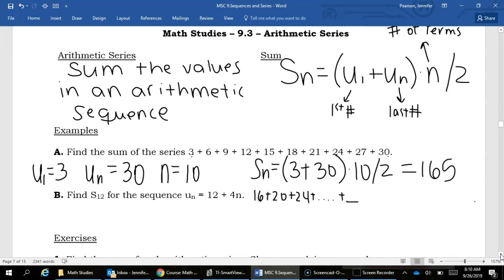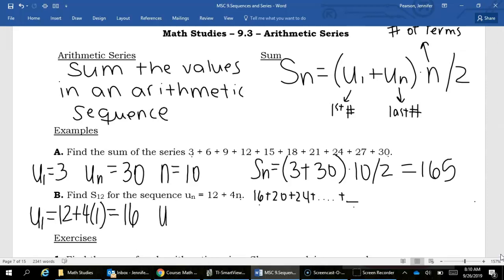But rather than find every single one of those numbers and then adding every one of those numbers, if I can figure out just the last number, I already know the first number, I already know it's 12 numbers, I can go into my formula. So my first answer, I know it's 16, but I could always go into my explicit formula if I didn't know. If I put 1 into my explicit formula, I get 16.